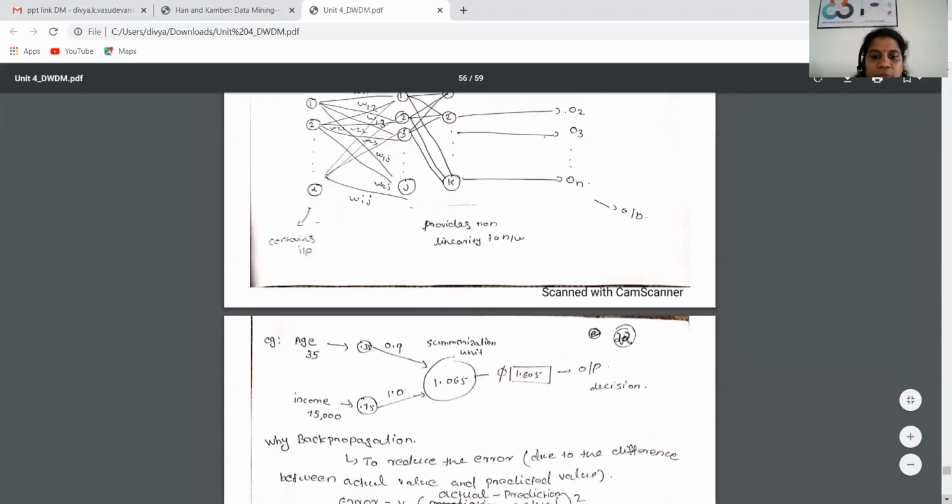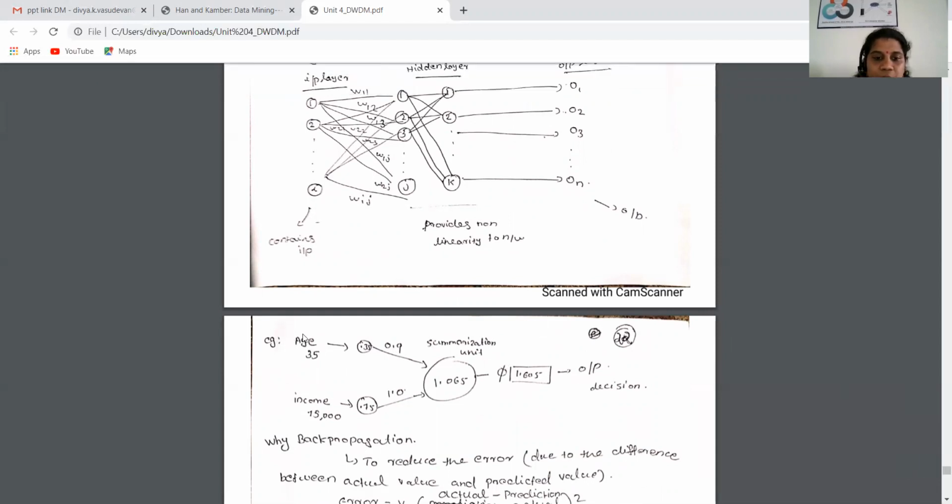Now we will see a small example of a neural network. Taking our previous example, we have inputs like age and income. I'm taking age as 35 as one input and income as 75,000 as another input, and normalizing those values to 0.35 and 0.75, assigning weights 0.9 and 1.0.